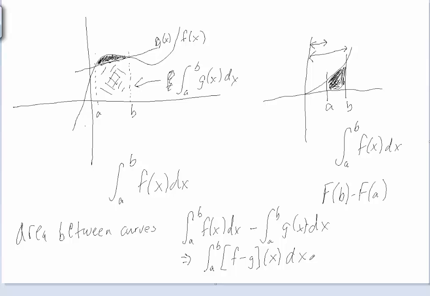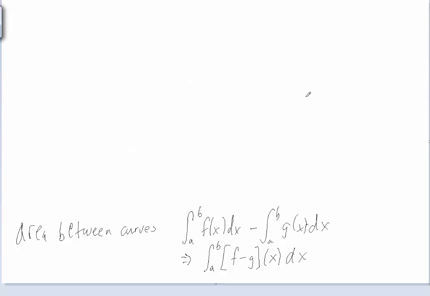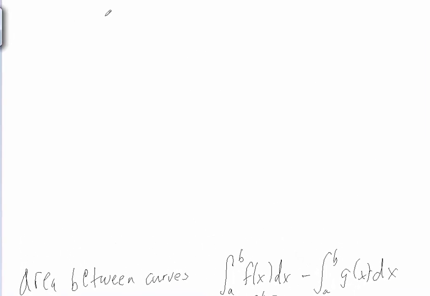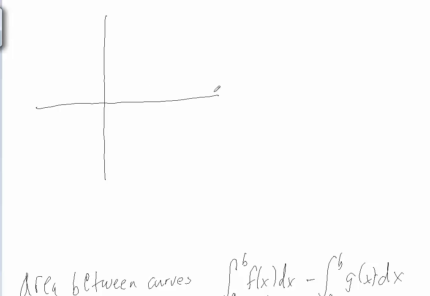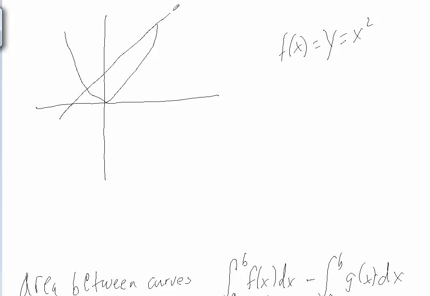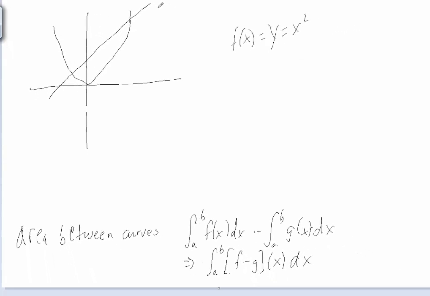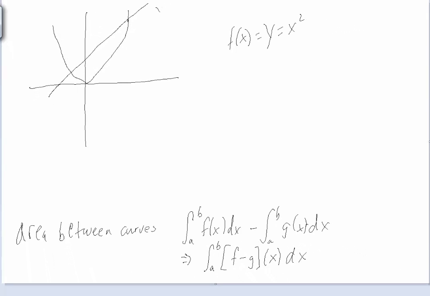Let's take an example. Let's start. So we have the graph of y equals x squared, and y equals 2x plus 3.